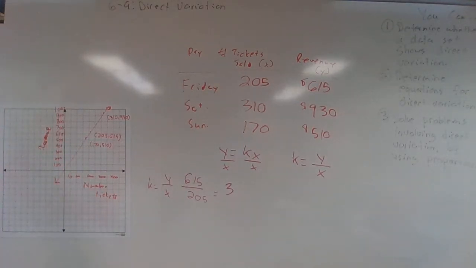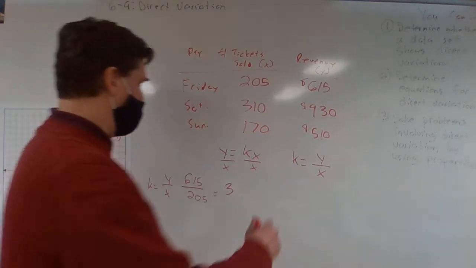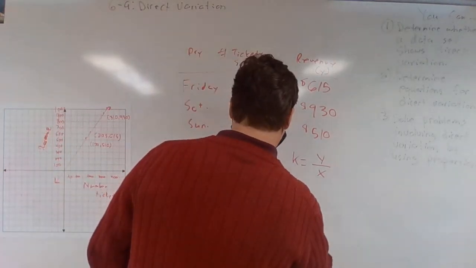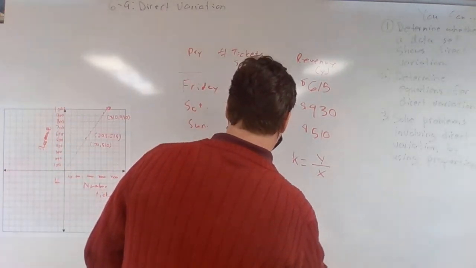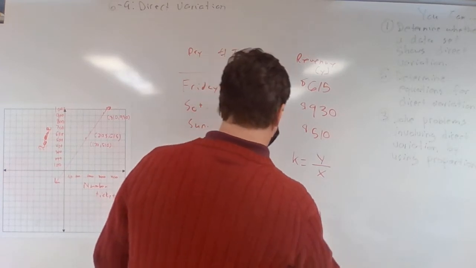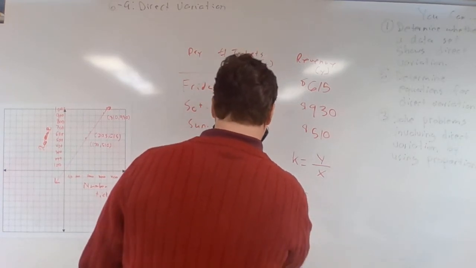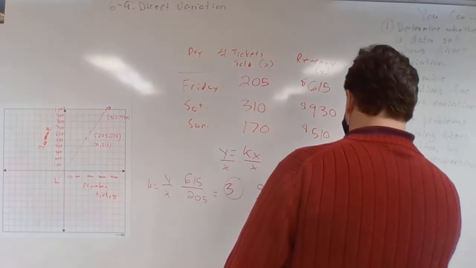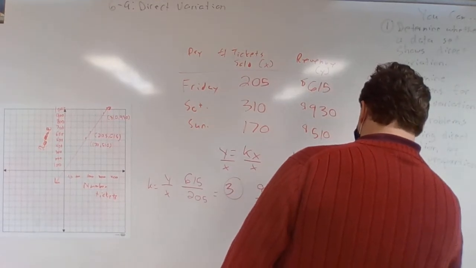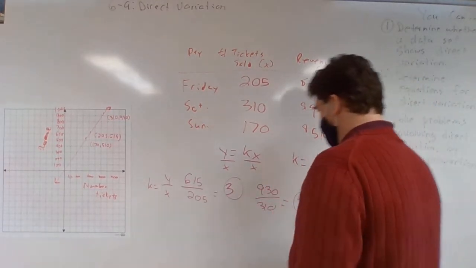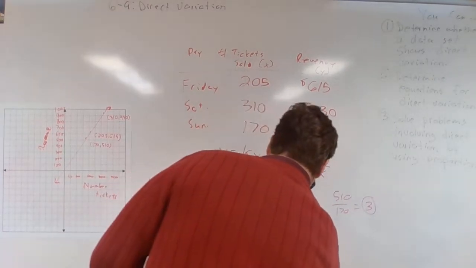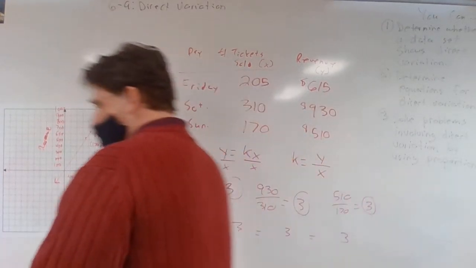Yes? So we're just looking for the slope. More or less. Yeah. But it's the constant variation. So 930 divided by 310 is indeed 3. And 510 over 170 also equals 3. 3 equals 3 equals 3.